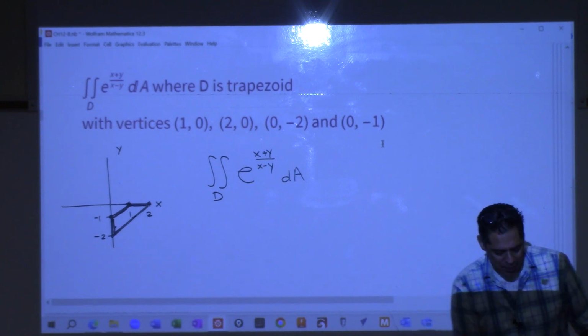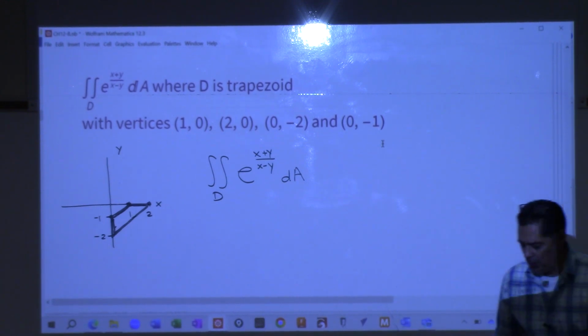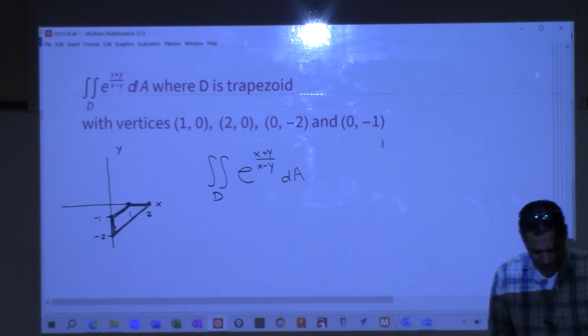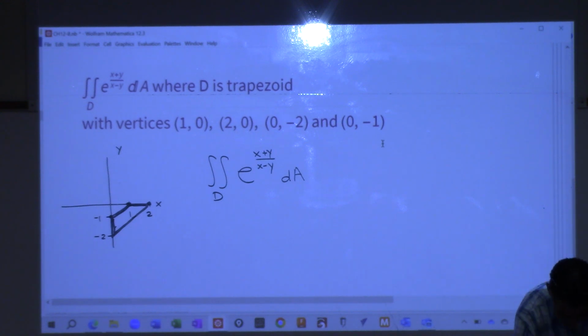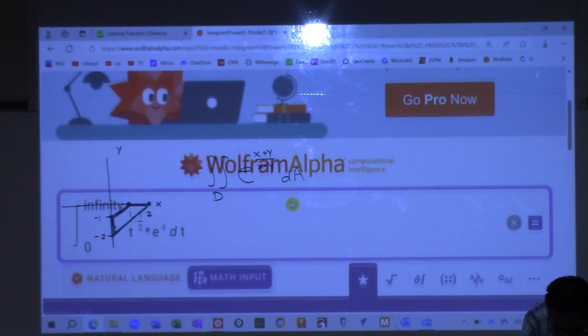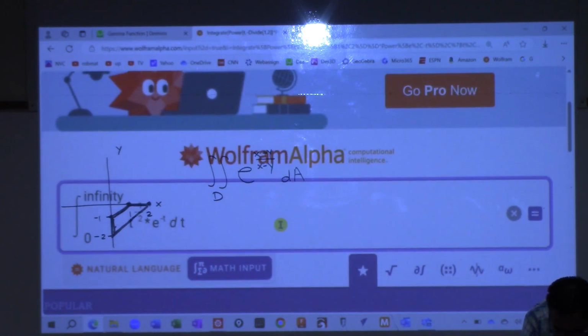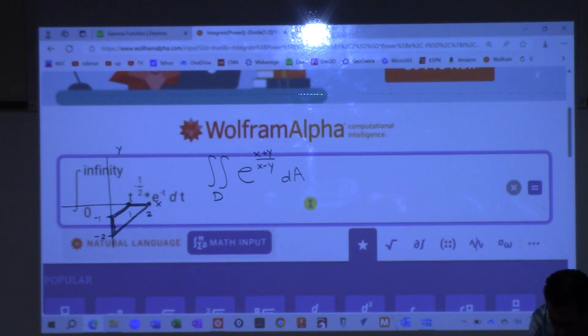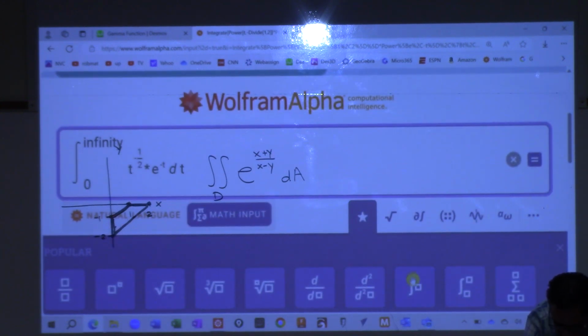In fact, let's go to Wolfram and have it integrate that. How about that? See what it does. I'm curious. All right. So how about we do just the indefinite integral, right?